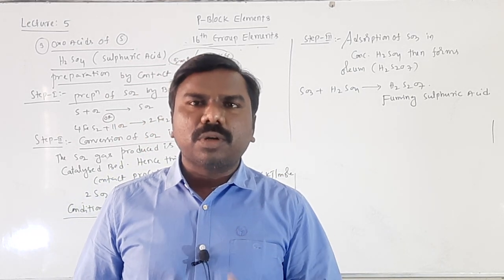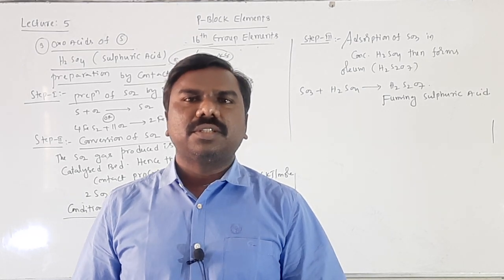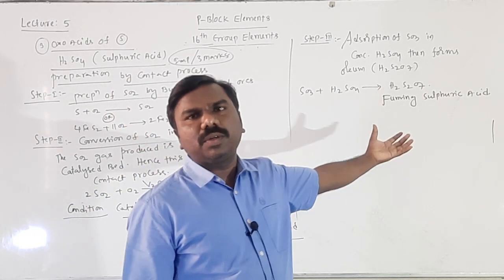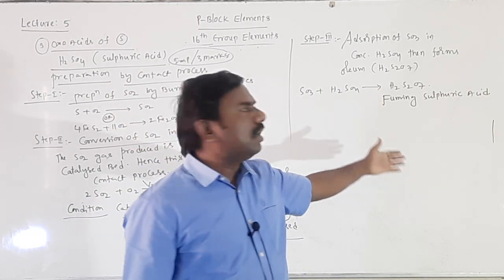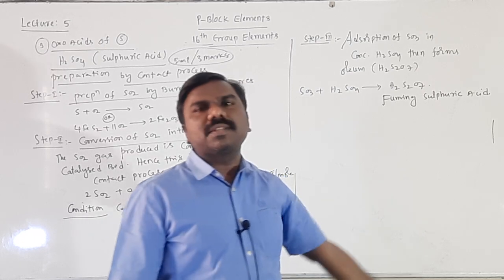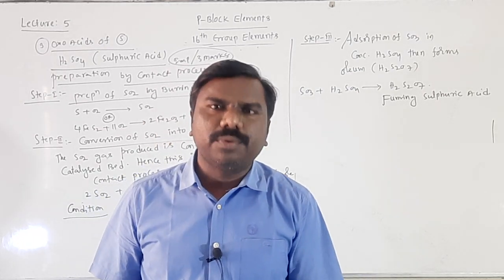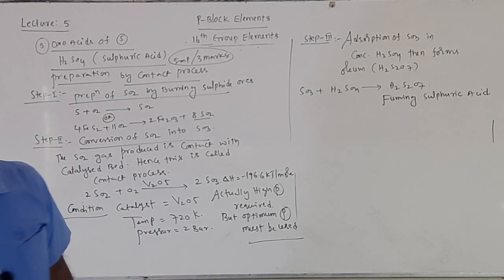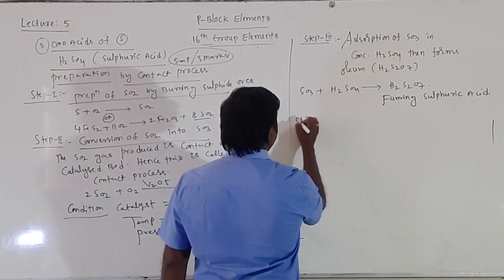It's very difficult to control that reaction. To overcome this drawback, the SO3 is first converted into fuming sulfuric acid. By the addition of water, fuming sulfuric acid can be converted into sulfuric acid, right? So now oleum is diluted in step 4.